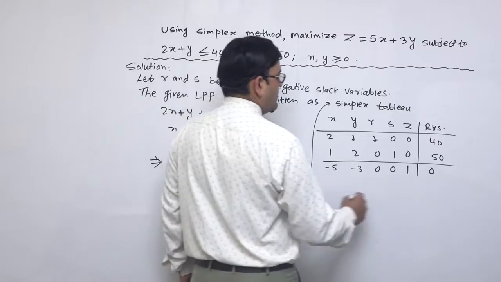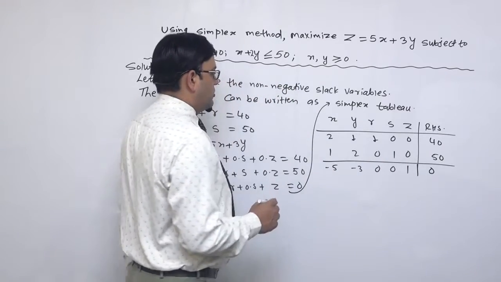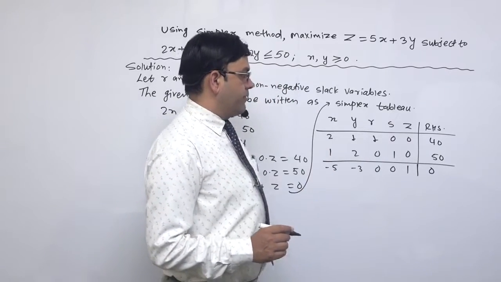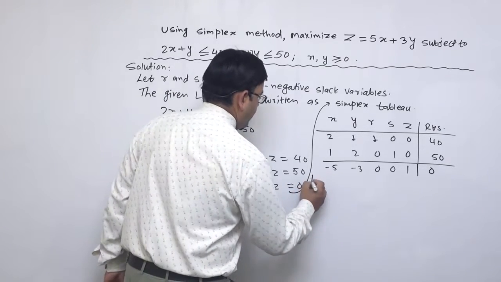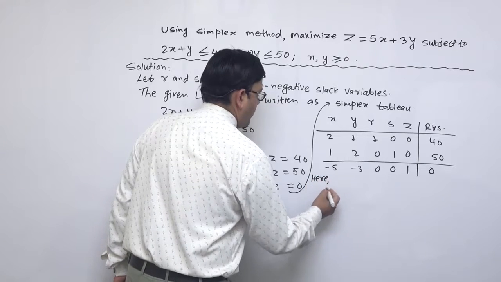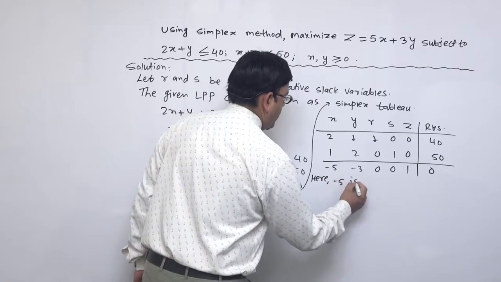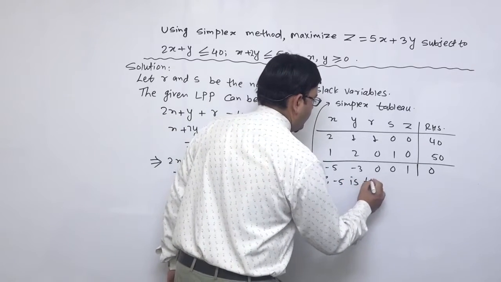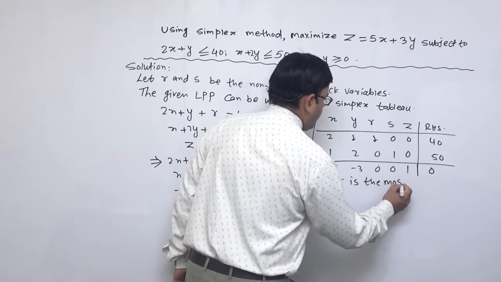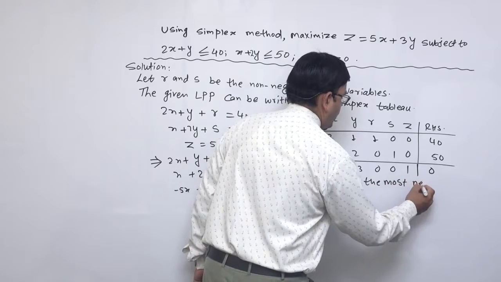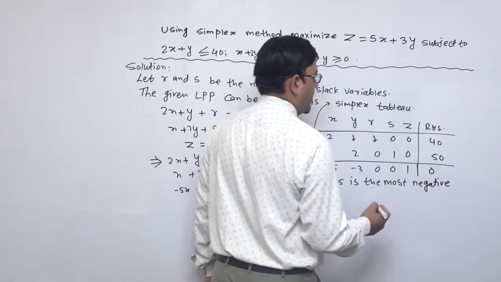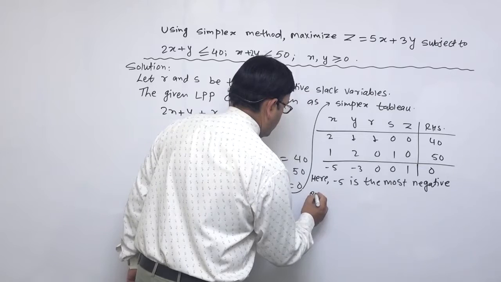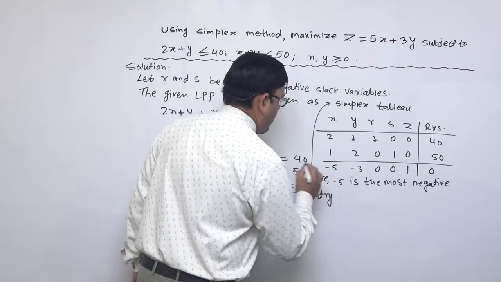Now, which one is the most negative entry? Is this one the most negative entry? So here minus 5 is the most negative entry.